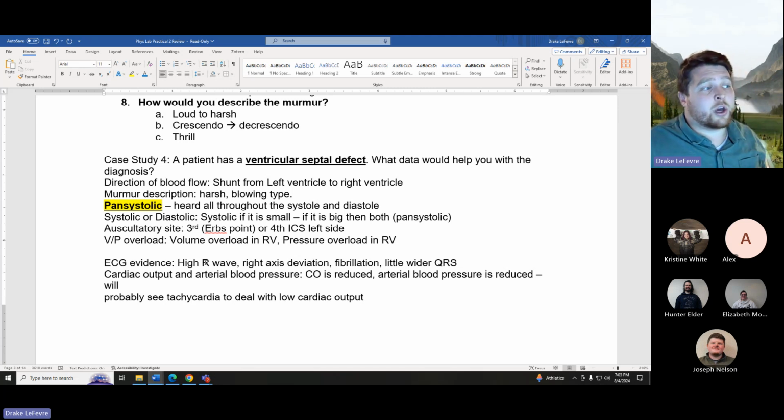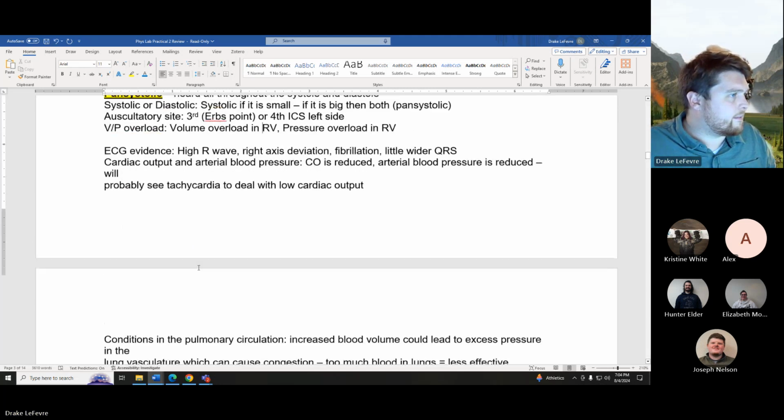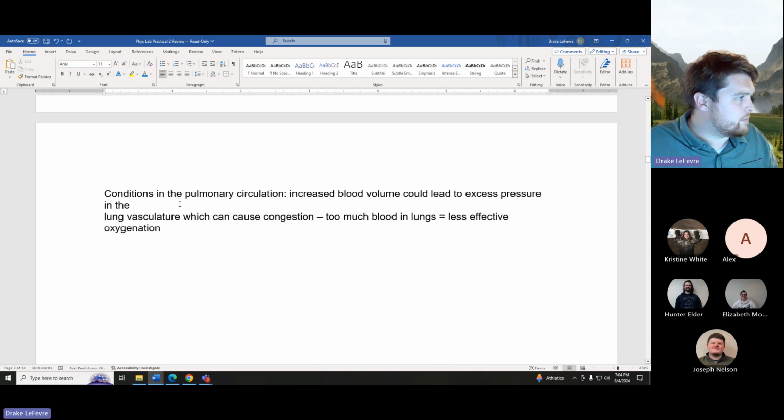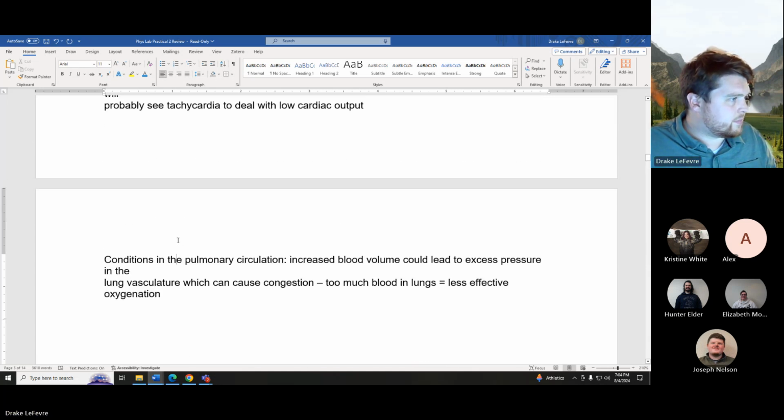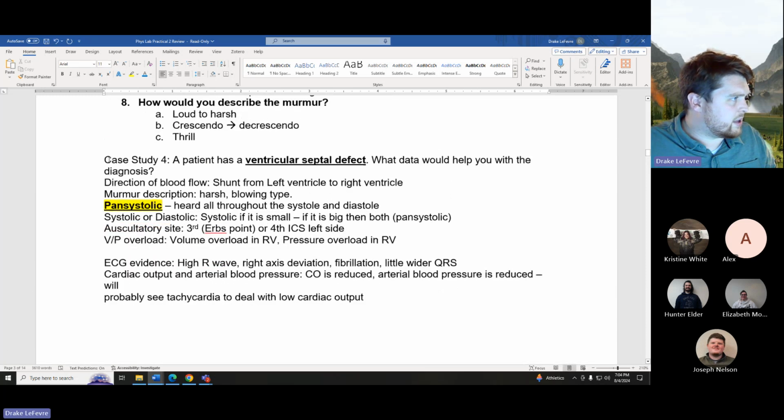So the blood is mostly going from the left ventricle, pushing back towards the right ventricle. Those are just a couple little extra tidbits.